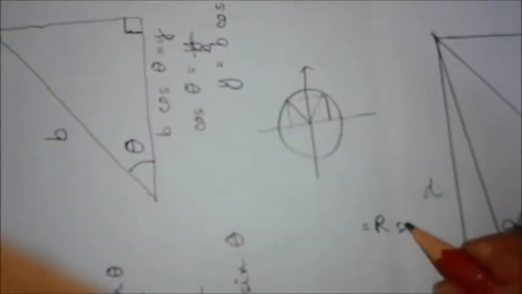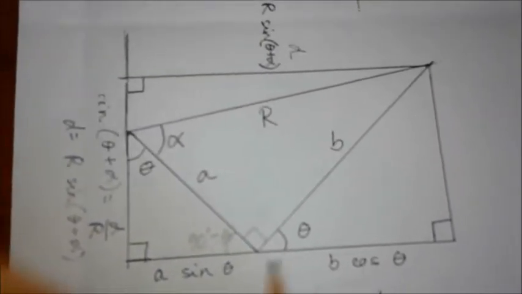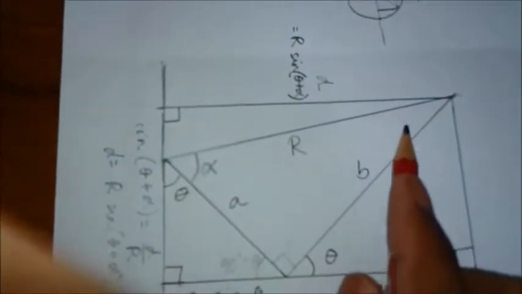And so we now have our proof of our geometric interpretation of a sine theta plus b cos theta, which also happens to be r sine theta plus alpha.